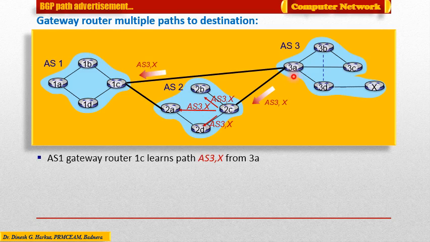Here, this gateway router belongs to AS3 and passes this AS3 X path to its counterpart gateway router in AS2, and on receipt of the path from AS3, gateway router 2C then propagates this path information to all its internal routers over iBGP.